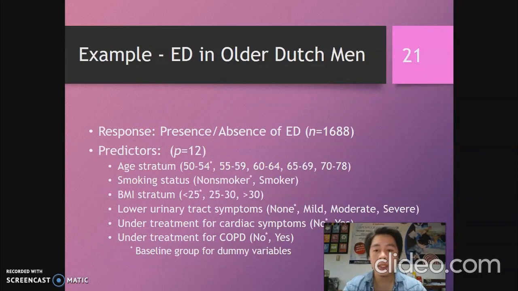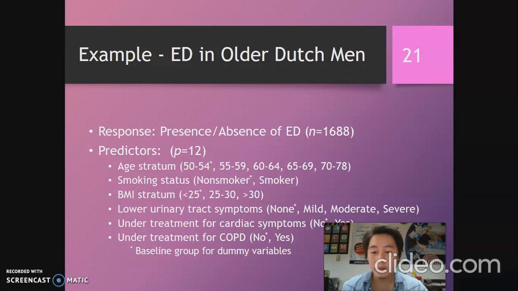Example: ED in older Dutchmen. The response is presence or absence of ED, n equals 1688, and the number of predictors p equals 12. Age strata: 50 to 54 years old, 55 to 59, 60 to 64, 65 to 69, and 70 to 78.